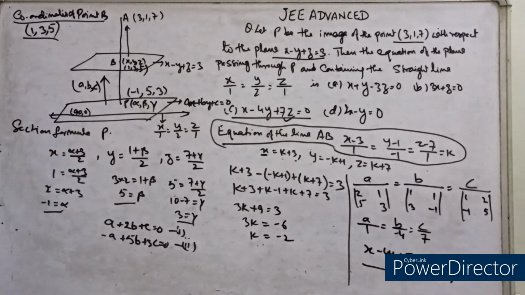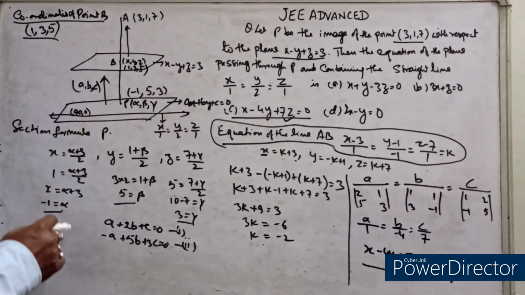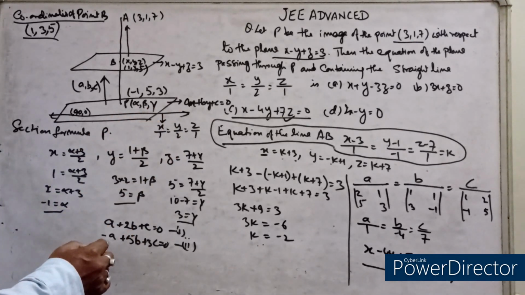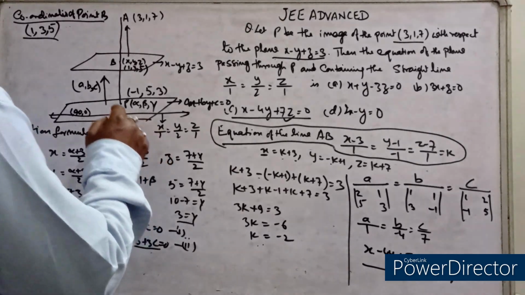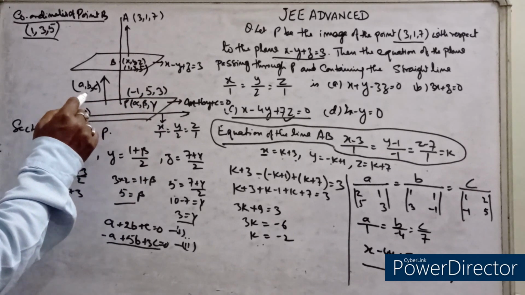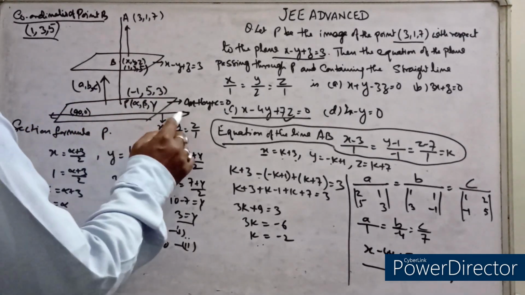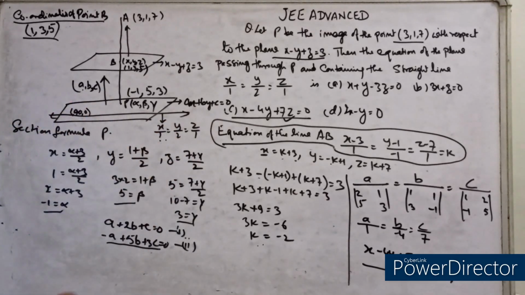When I found out the coordinates of point P, then because this point lies in this plane, it will satisfy it. So it is minus a plus 5b plus 3c is equal to 0. And the second equation, how I have created it: I have considered the direction ratios of this plane as a, b and c, and the line lying on this plane has its direction ratios, and these directions will be perpendicular.